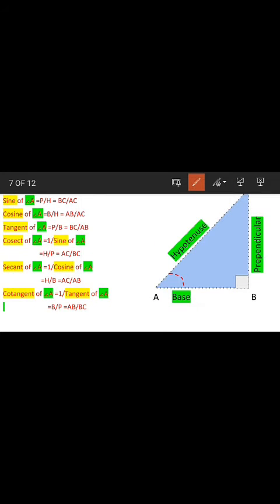Now class, here are some tips, or you can say valuable points, that we need to remember before doing all these trigonometric ratios. And first of all class, I am leaving you with this slide, so you can take a screenshot of it and save it in your gallery or anywhere else you would like.